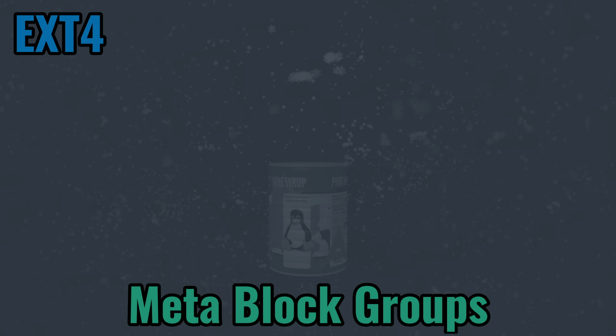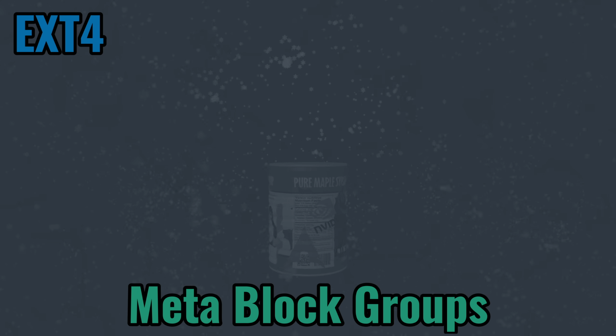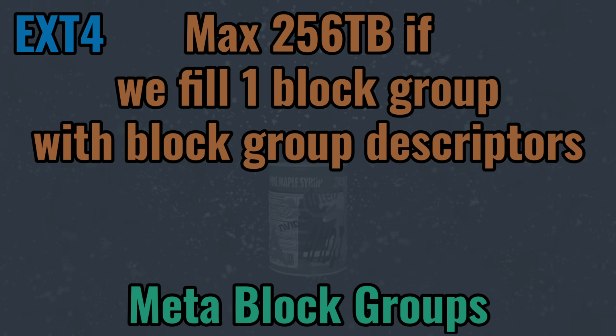If we do the calculus, that means that we have up to 256 terabytes for a file system. So we cannot have a bigger file system than 256 terabytes if we limit ourselves to one block for the block group descriptor table.